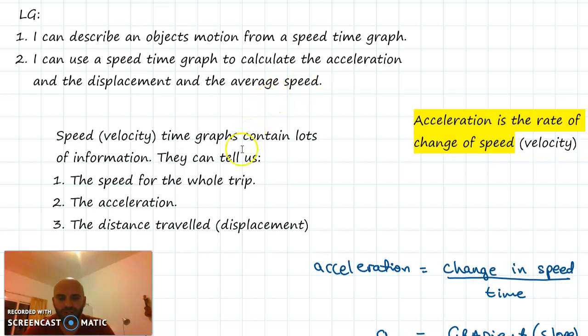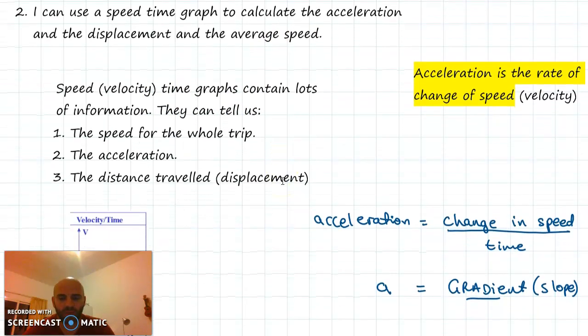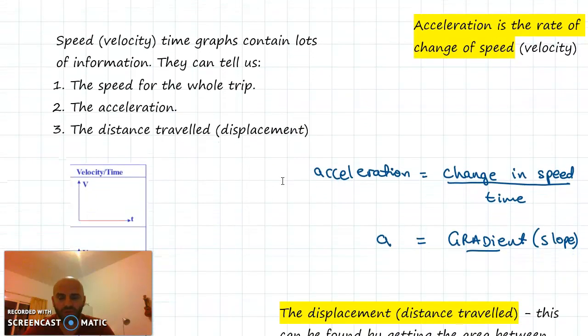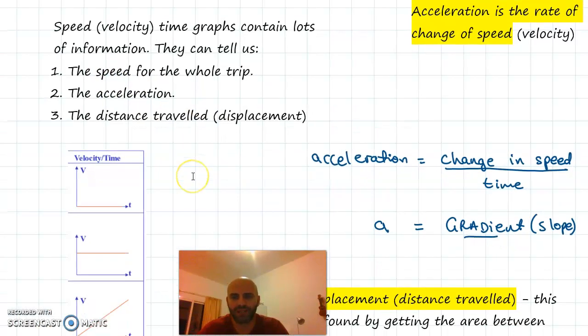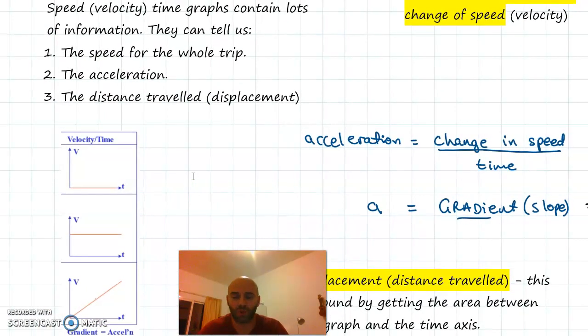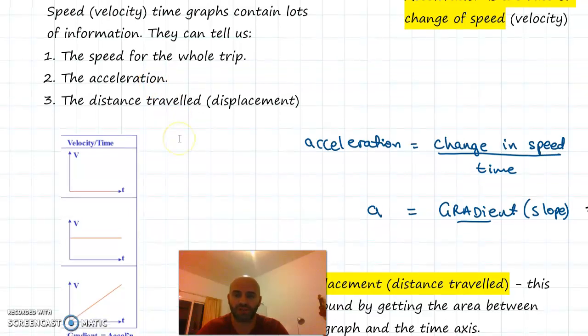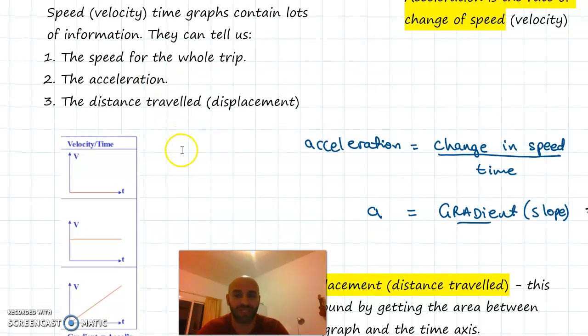But before we get started on this, first of all, speed-time graphs contain absolutely loads of information. The first thing they can tell us about is the speed for the whole trip. The second thing is, using the velocity-time graph, we can tell whether something is accelerating or not, and we can usually calculate it.